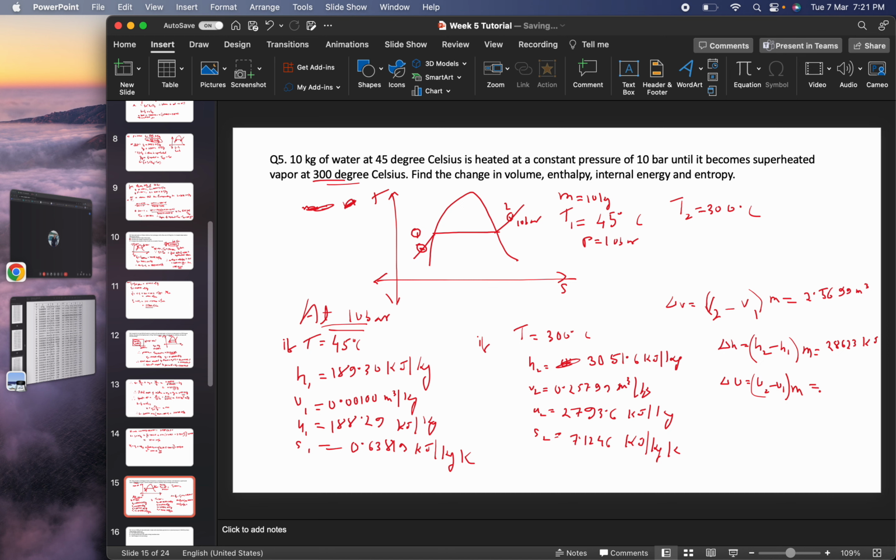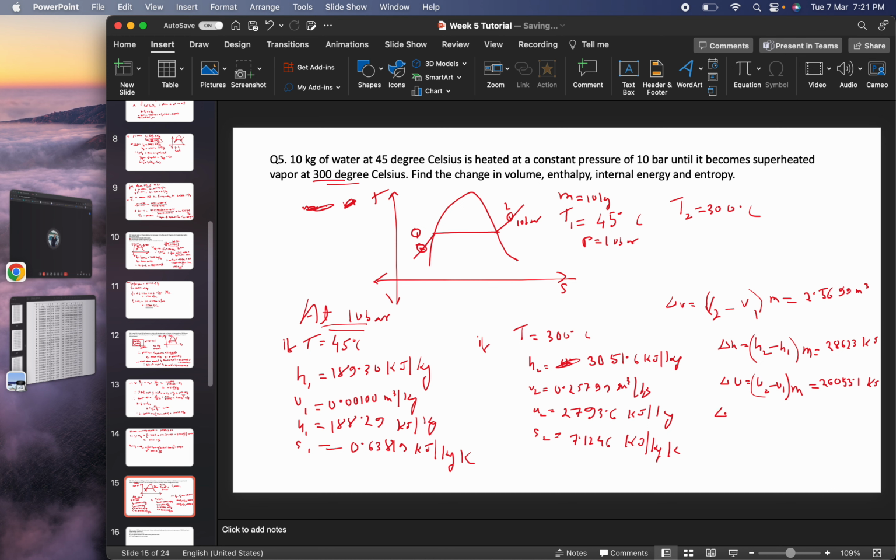Okay, so your U2 is 2793.6 minus 188.29 into 10. Okay, so that will be your 26053.1 kilojoule.